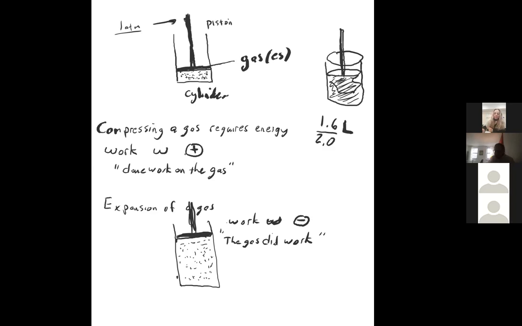Now what I'm going to do is put it together. I'm going to claim that there's something called delta E. I'm sorry, let me put a U. Delta U is equal to Q plus W. And remember, Q is our heat transfer, and W is our work.